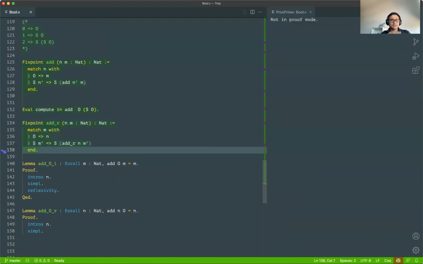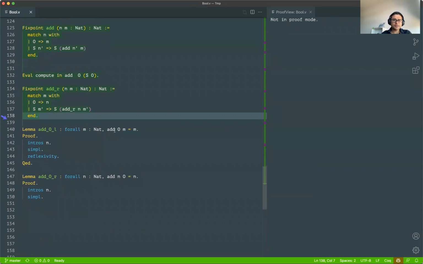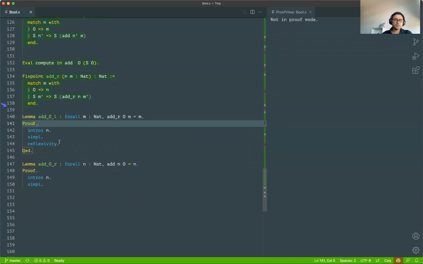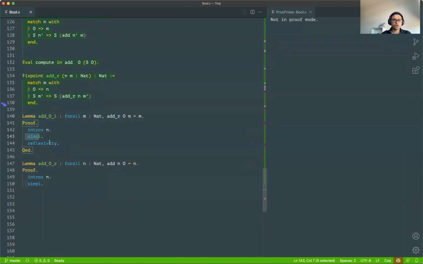And my claim is, now if I replace this with add_r, this simplification will not work. And the reason is that now we are not doing pattern matching on the first argument, but on the second argument. So we are not touching n here.